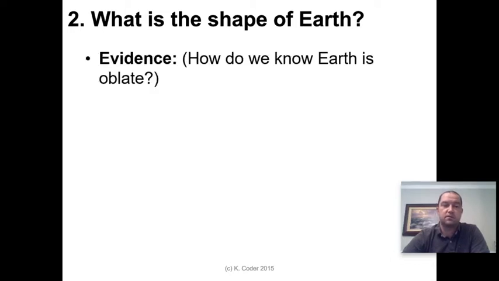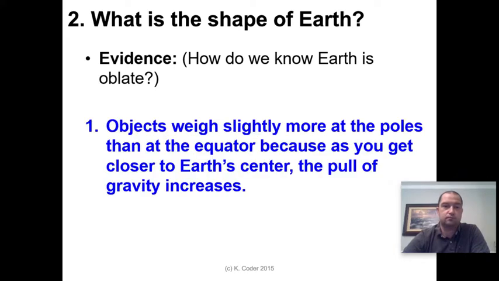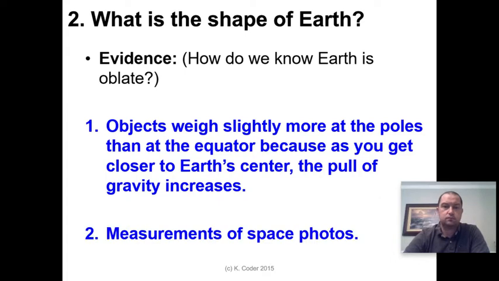The evidence to show that the Earth is oblate: objects weigh slightly more at the poles than at the equator, because as you get closer to the Earth's center, there's going to be a stronger pull of gravity. We also have measurements of space photos.